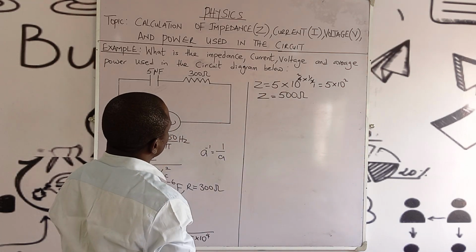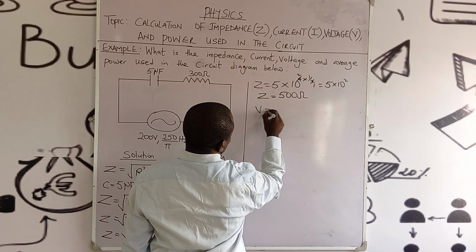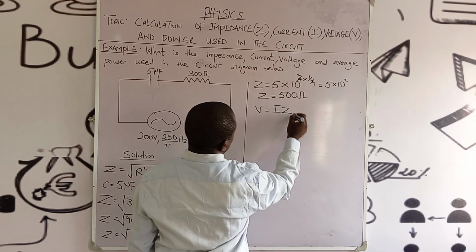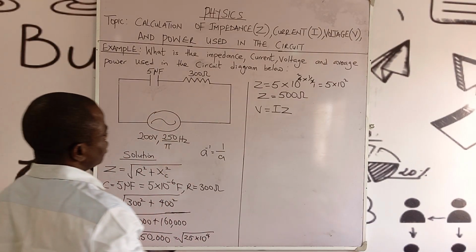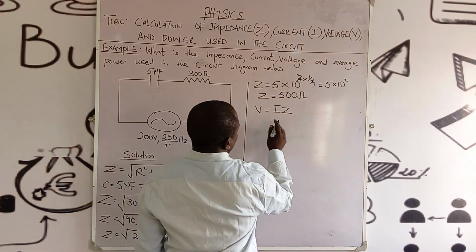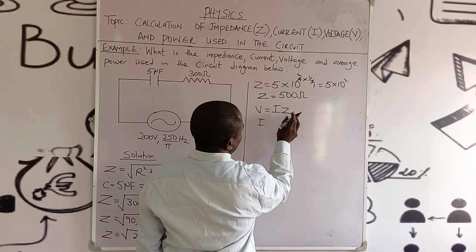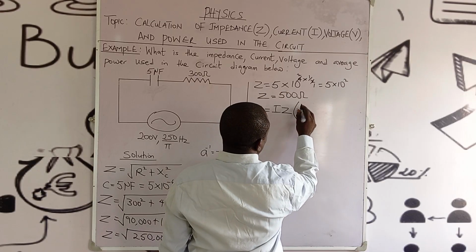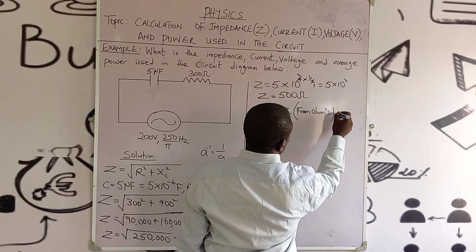the second question, which is the current in the circuit. Don't forget that V equals IZ. For the current in the circuit, I have to make I the subject of the formula. This comes from Ohm's law.